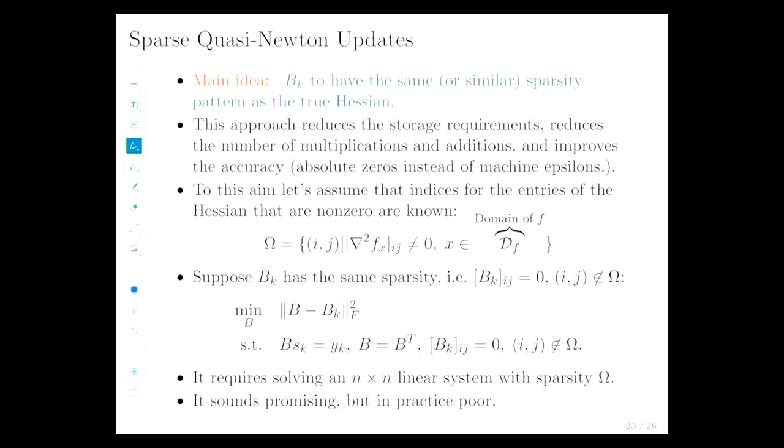Okay. And now we just conclude today's lecture by talking about sparse quasi-Newton updates. So if my Hessian has a particular sparsity pattern, so if certain elements of it are 0, I want my estimate to have the same sparsity pattern as well. Because then I don't need to store anything that is 0.